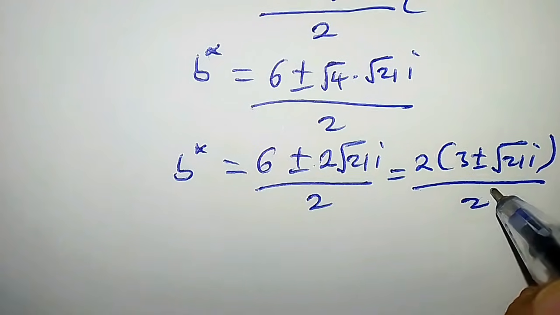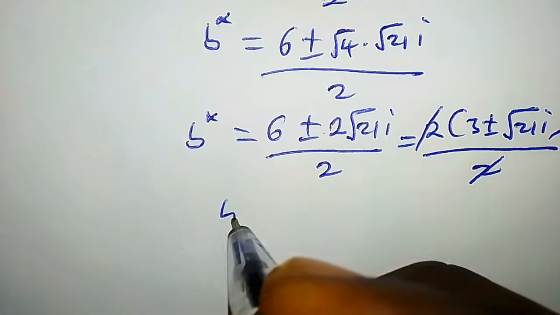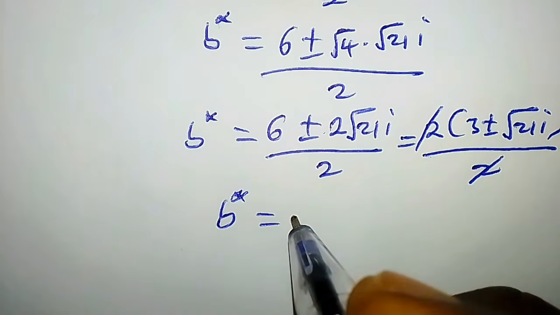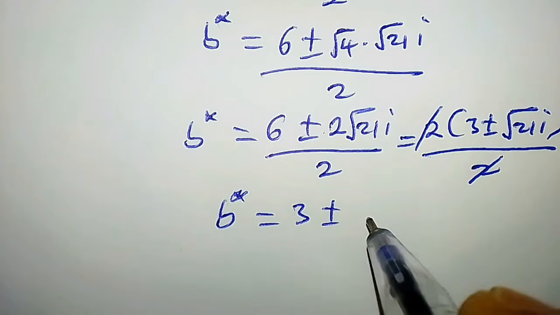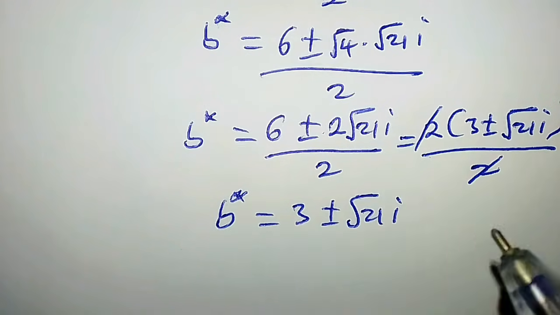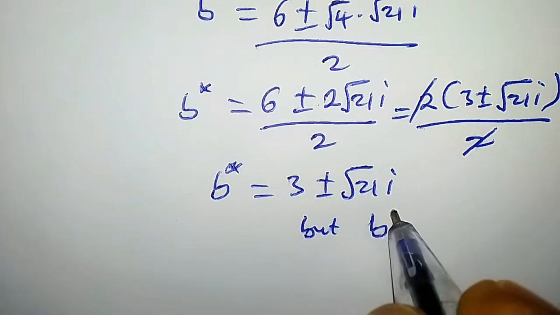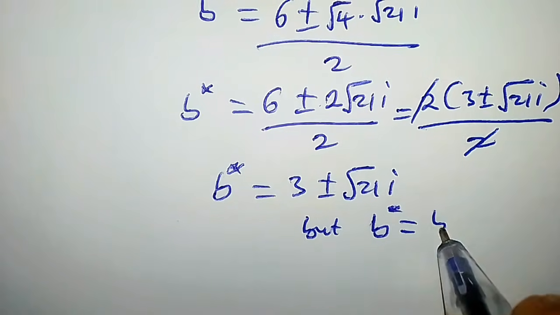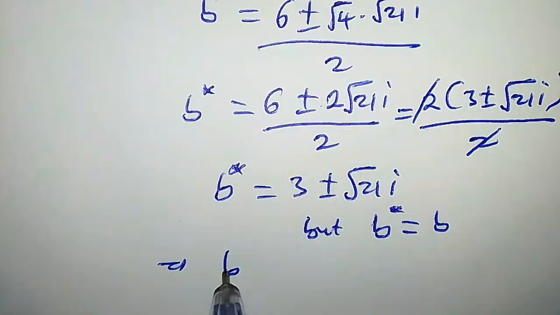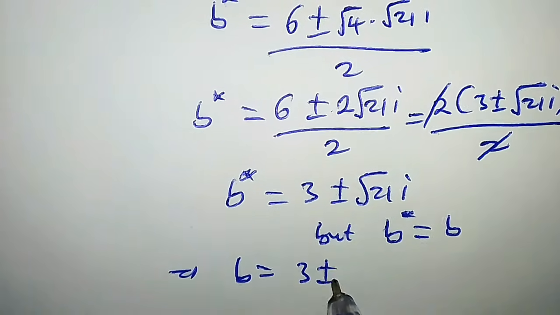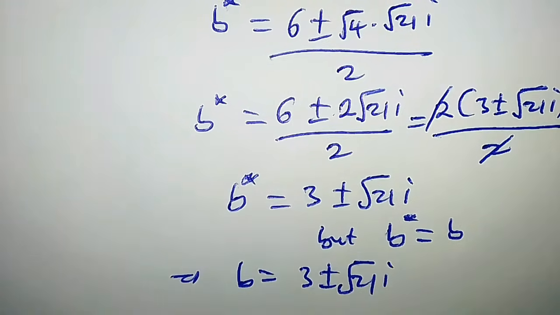Clearly, 2 cancels 2. We are left with b star equal to 3 plus or minus square root of 21 i. But don't forget, b star is equal to b. So we have b equal to 3 plus or minus square root of 21 i.